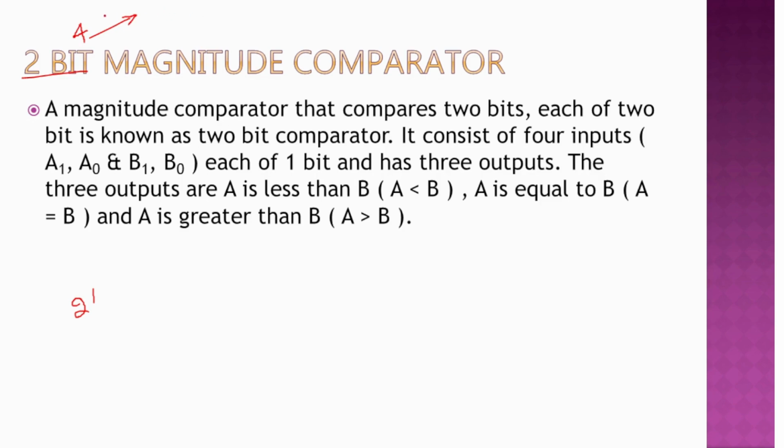You need to compare the 4 input values and determine whether A is less than B, A is greater than B, or A is equal to B. Here the 4 inputs are A1, A0, B1, B0.